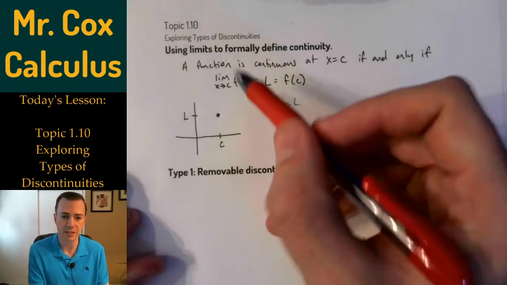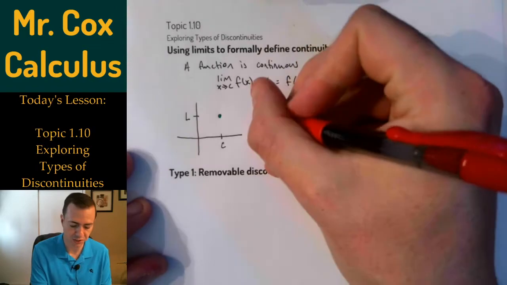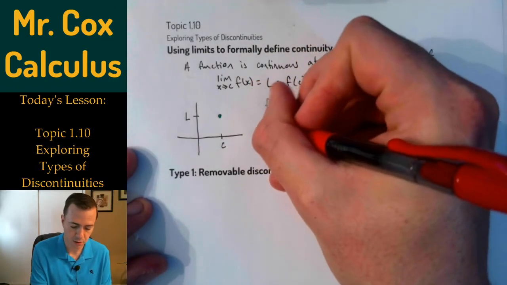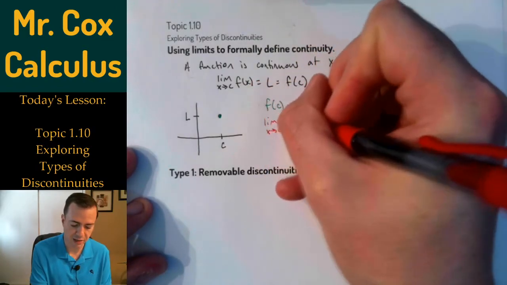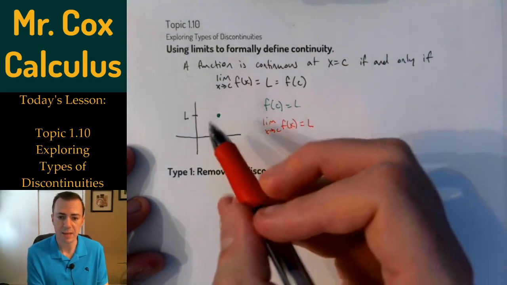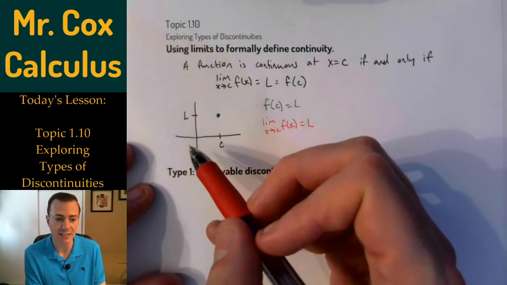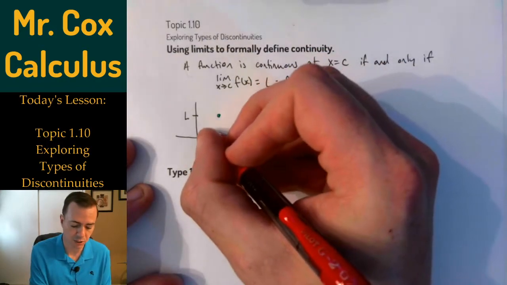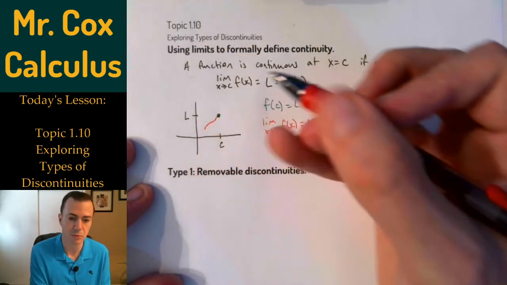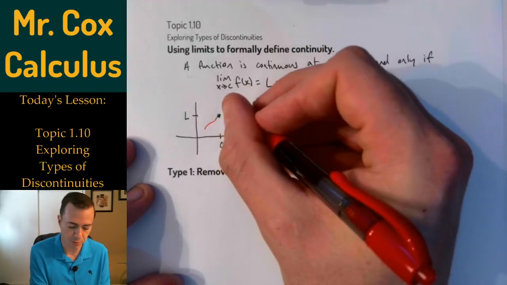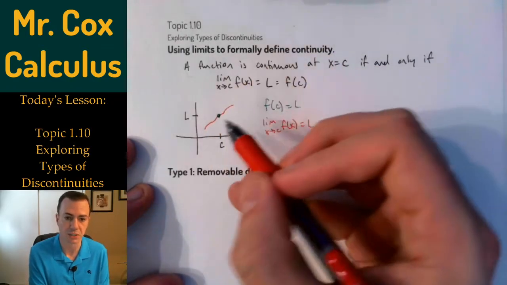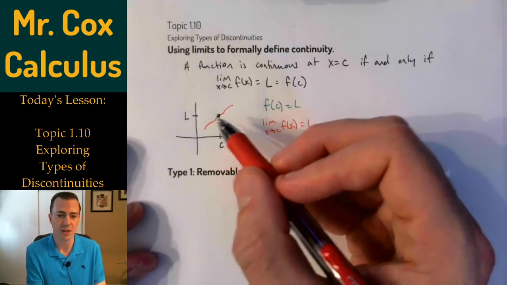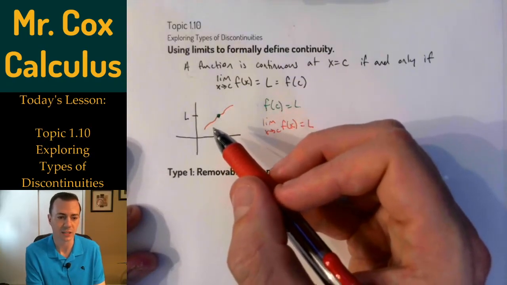The equality statement saying the limit as x approaches c of f of x is equal to L means that, from both sides, as I'm approaching the value c, the function is approaching the value L. It doesn't matter how I'm doing it, as long as I'm approaching L as x is approaching c, you can see right there that I can say that's a continuous function at x equals c.